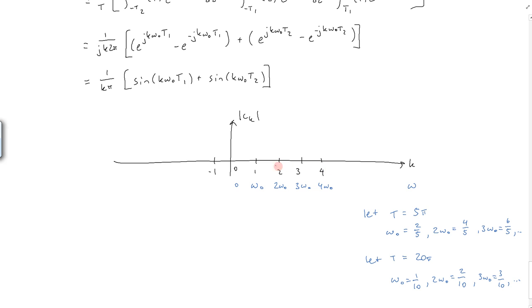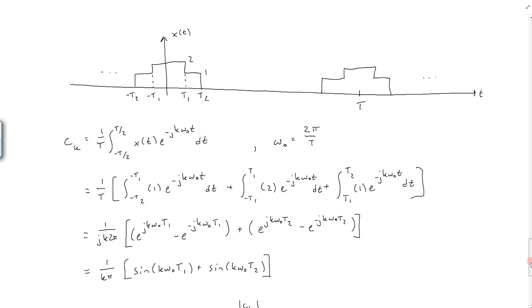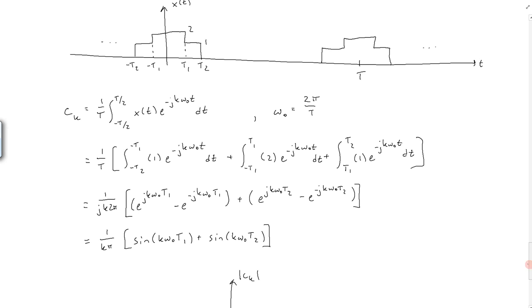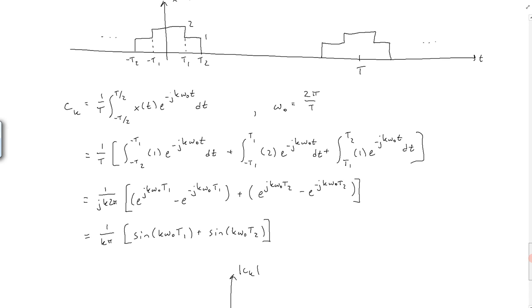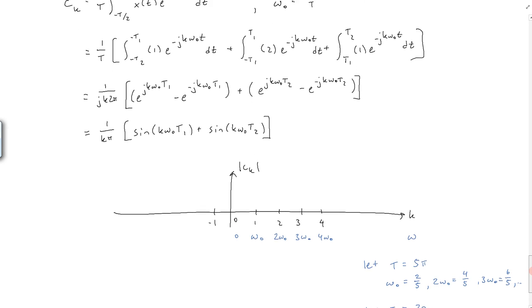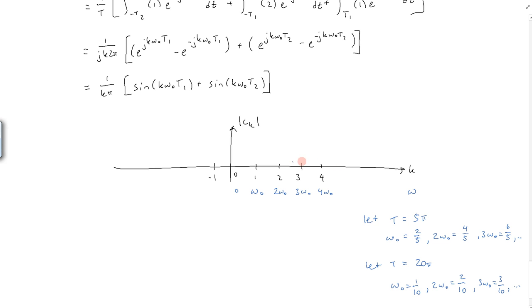Therefore, while k is going to stay as just 0, 1, 2, 3, 4 as these index numbers, the true frequency that we're showing changes as a function of omega 0, or equivalently as a function of T, the period of the original signal. Therefore, as we push T further and further out, and we therefore increase T, we decrease omega 0 and actually push each one of these values closer and closer together.